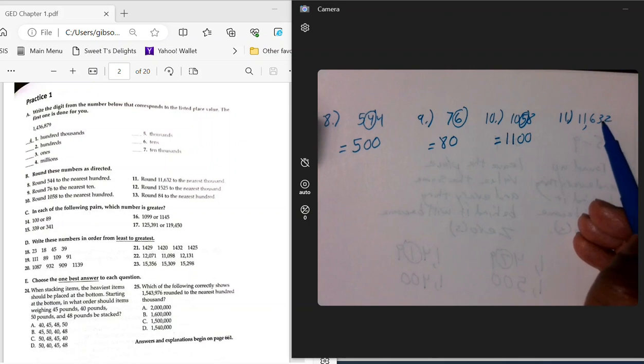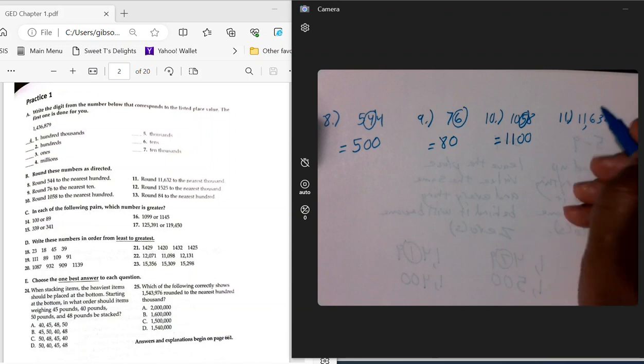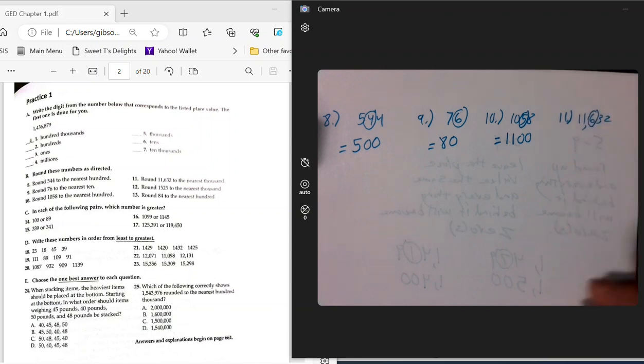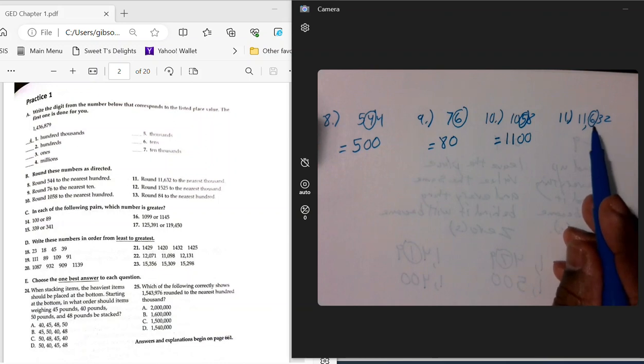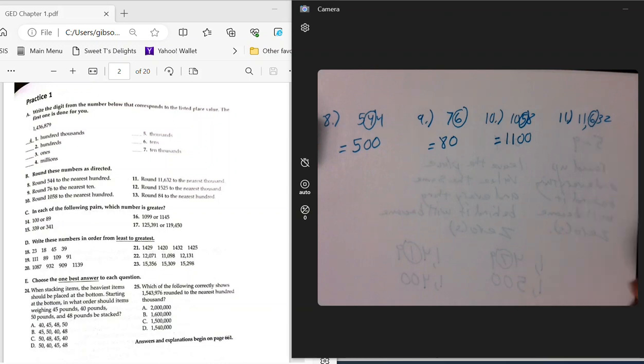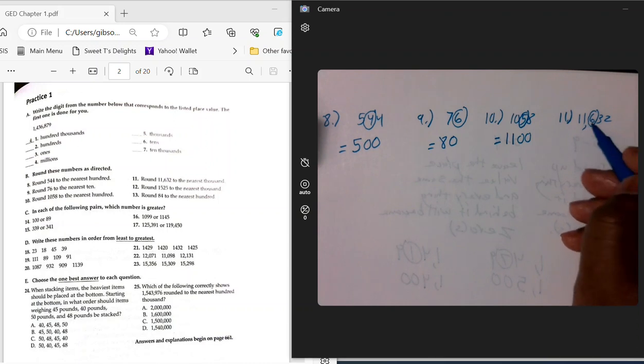We have ones, tens, hundreds. This is the thousands place. So we'll go to the place value directly to the right of it, which happens to be the hundreds place. This 6 falls in between 5 through 9. So that means we would add 1 to the thousands place. So this will give us 12, comma, and all three of these digits will become zeros.